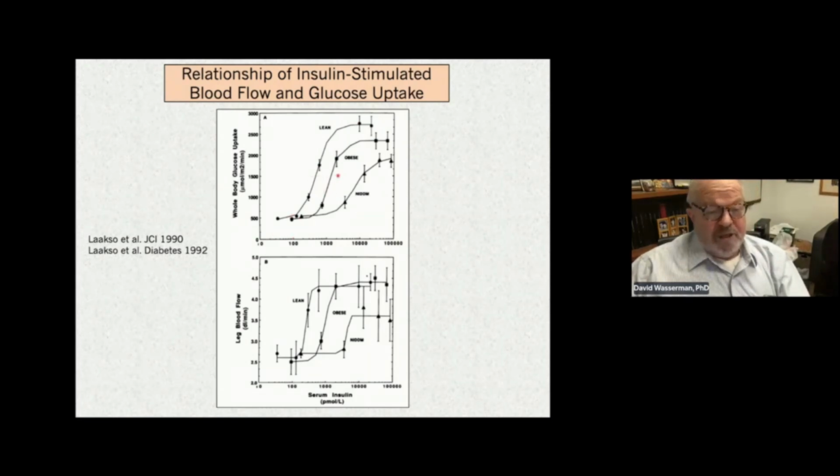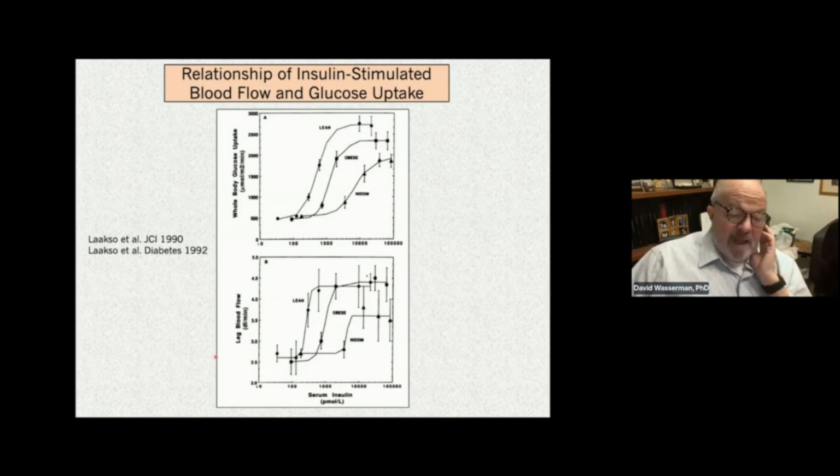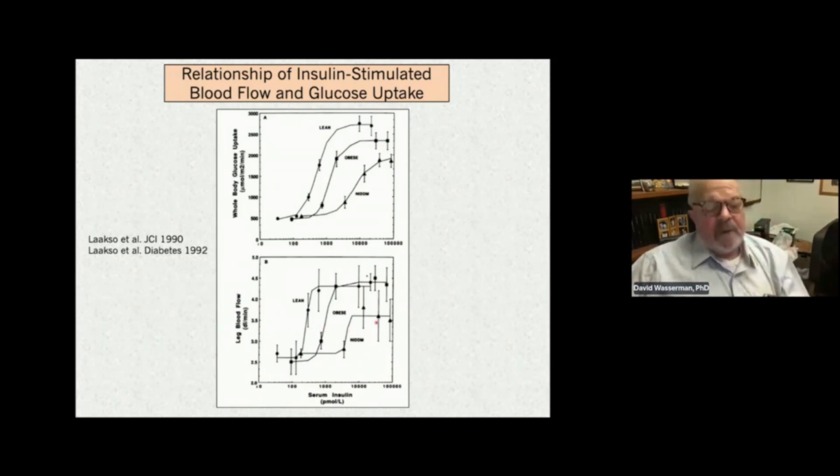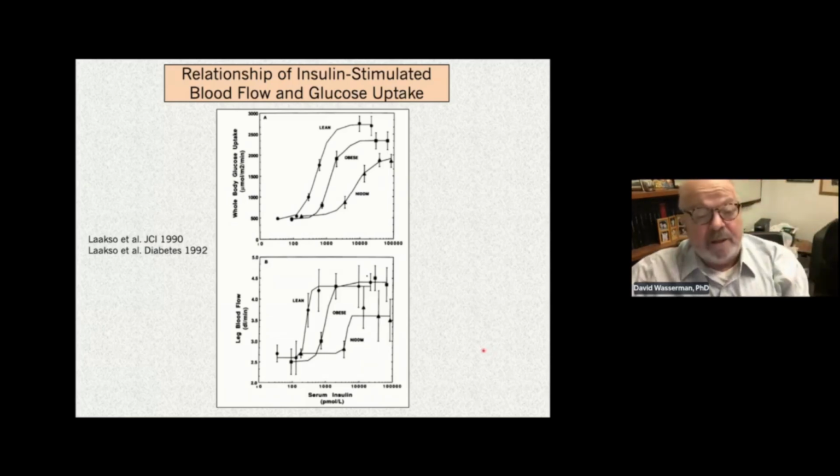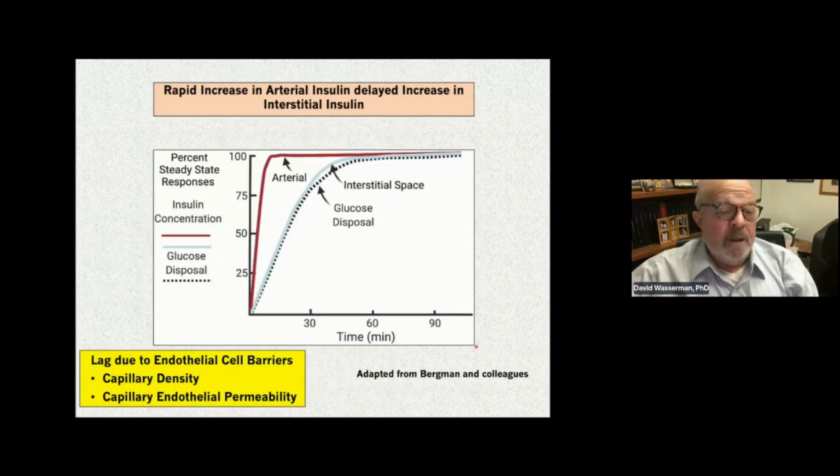And there's a right shift with obesity and then with type 2 diabetes. And leg blood flow shows the same rightward shift. So there's clearly a correlation. The causality and how this links to whole body glucose uptake is harder to know. But clearly the endothelial-dependent vasodilation is impaired in insulin resistant states.